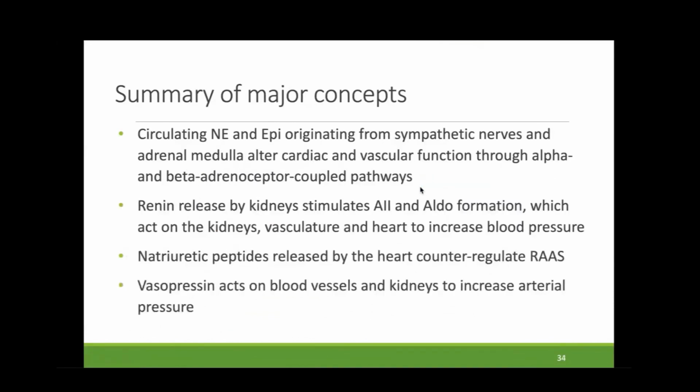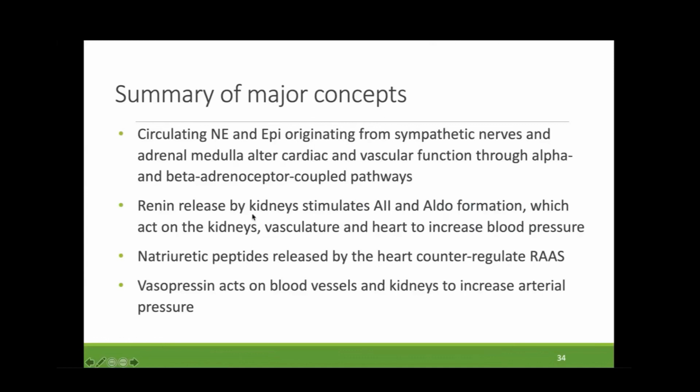So we've looked at quite a bit in this lecture, and I will take the time just to go through these salient features of the lecture. Circulating norepinephrine and epi, originating from sympathetic nerves and the adrenal medulla, alter cardiac and vascular function through alpha and beta adrenoceptor coupled pathways. Both of these hormones act on both types of receptors, as we learned, but in the case of epinephrine, there is a concentration dependency in terms of its vascular response.